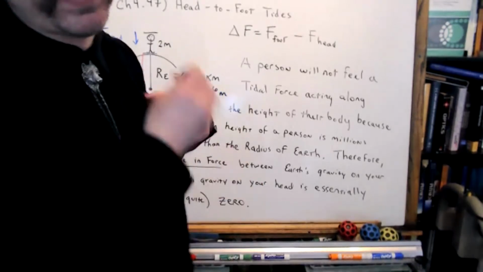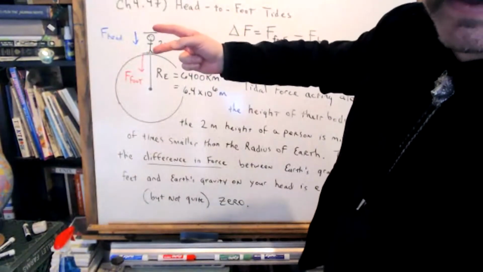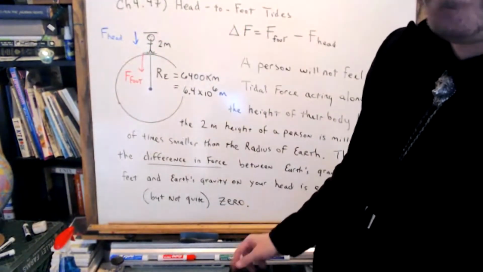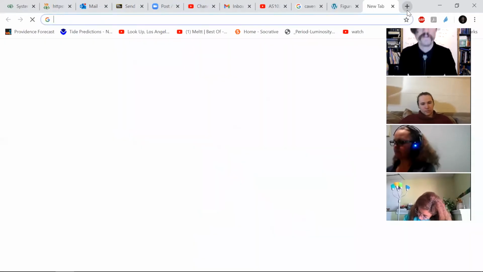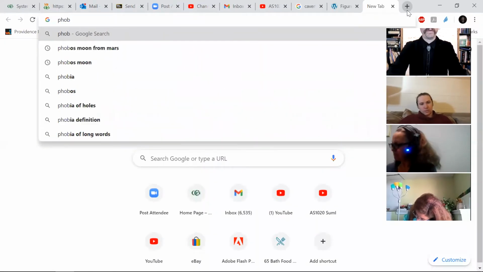There are places in the solar system where this gradient in force is very much not 0. And one of the most famous and legendary situations is that of Mars's moon, Phobos, I believe.